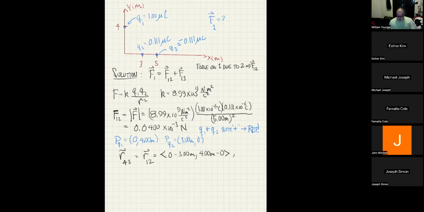So R12 hat is just equal to 1/5 meters times R12. That's the definition of a unit vector: you take a vector and divide it by its magnitude.